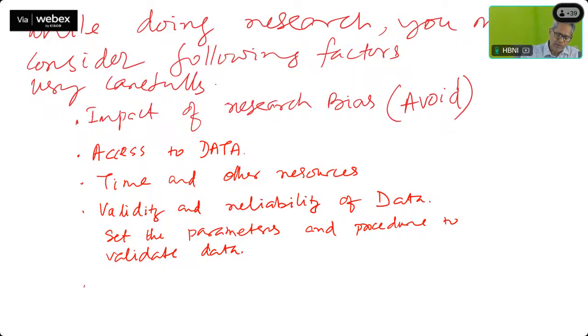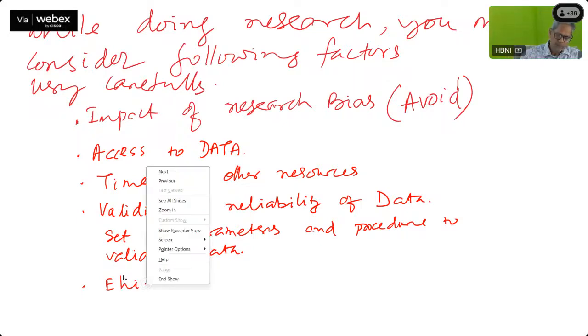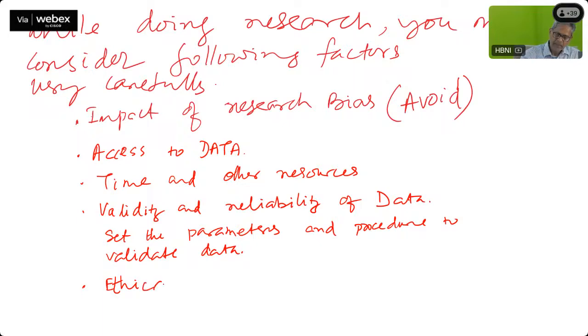And always remember ethical issues. Avoid plagiarism.